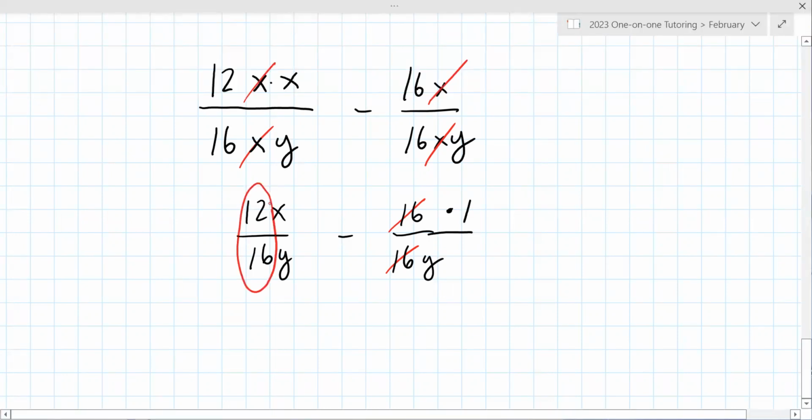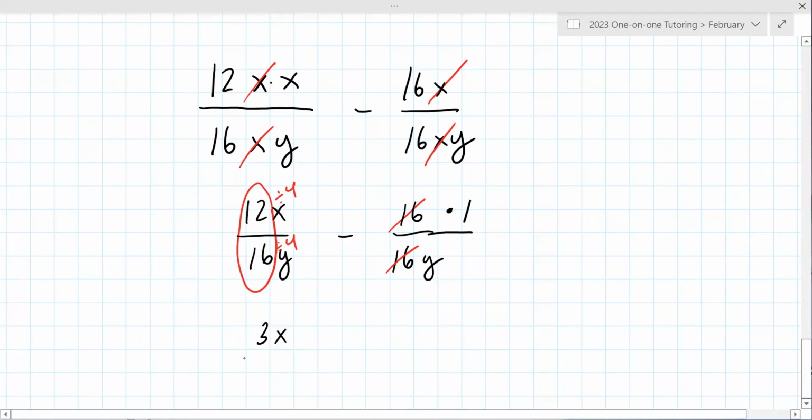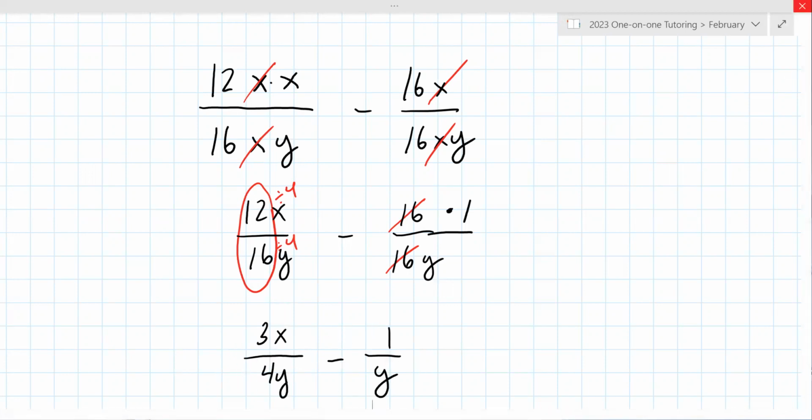Is there a number that goes into both 12 and 16? 4. So you divide 12 by 4 and 16 by 4, and you get 3x over 4y minus 1 over y. They don't have to have the same variable to divide. No, we can leave it like this. This is acceptable.